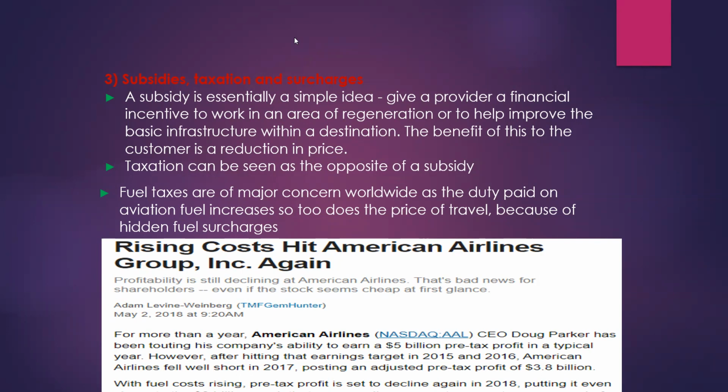Tickets, airlines, accommodation, everything increases. Price of travel increases because of hidden fuel surcharges. Okay, surcharges are the extra money that needs to be paid.